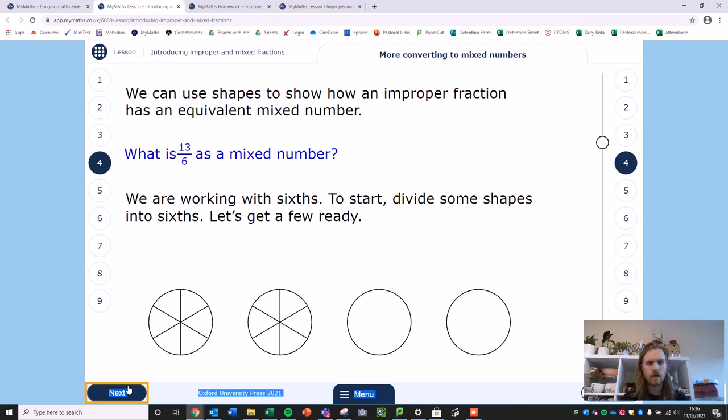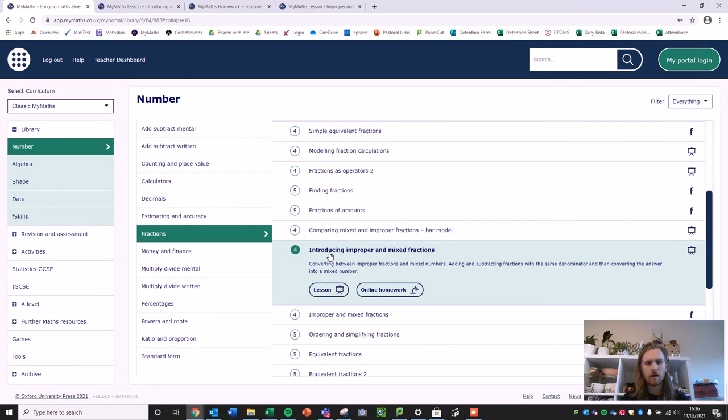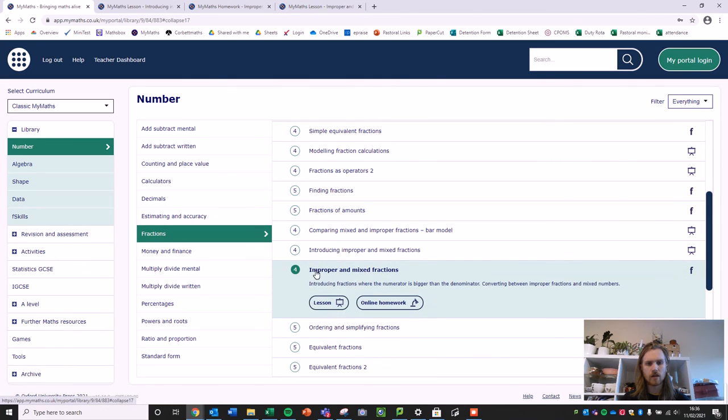But the one I'm going to set you is just improper and mixed fractions.